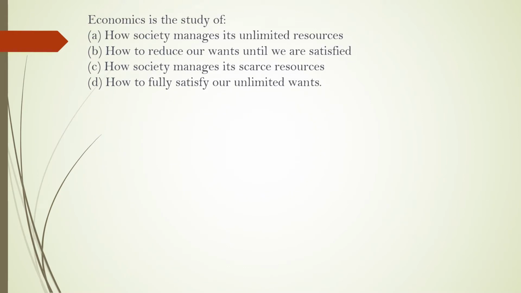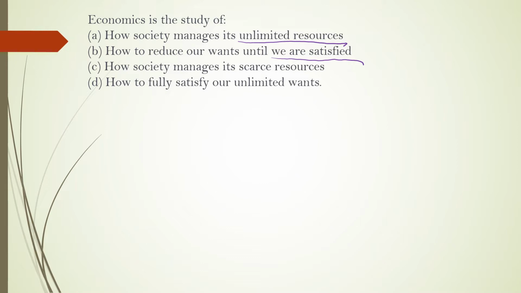Economics is a study of how society manages its unlimited resources. Resources are limited, we know that. How to reduce our wants until we are satisfied? We can't reduce our wants. Wants are recurring. Wants will multiply.